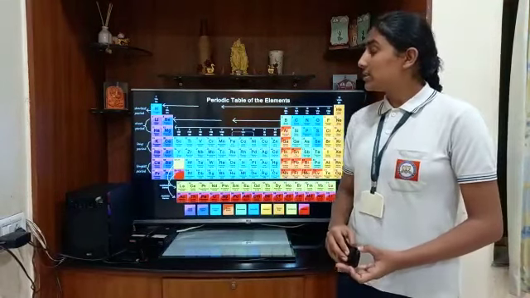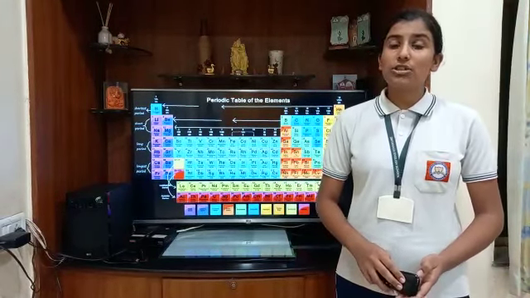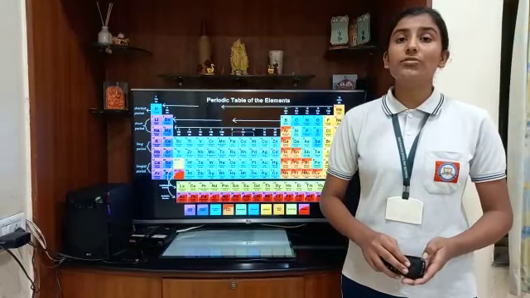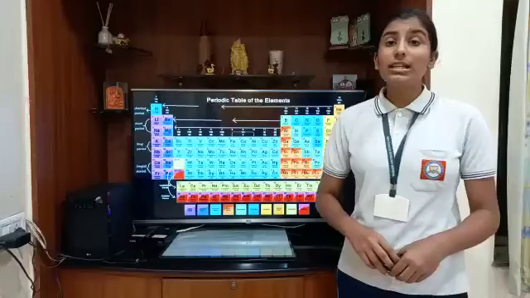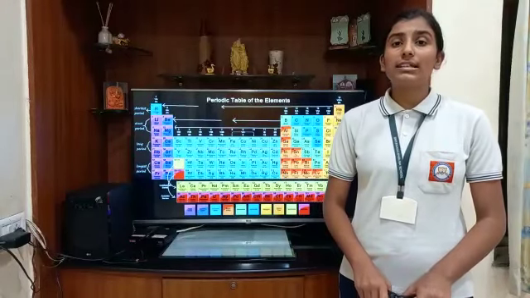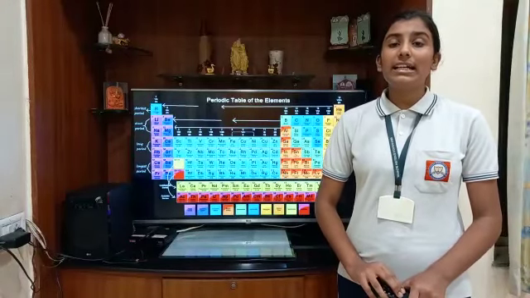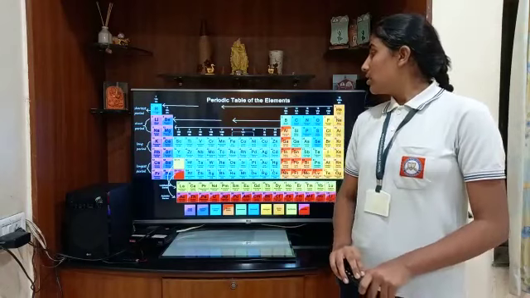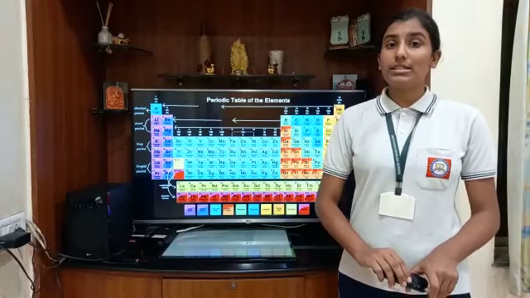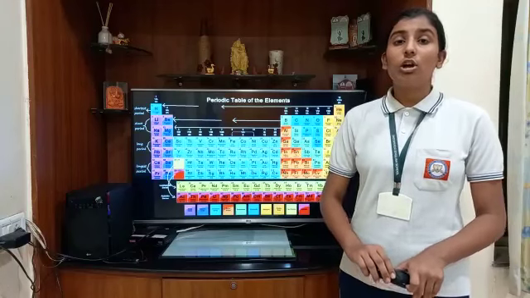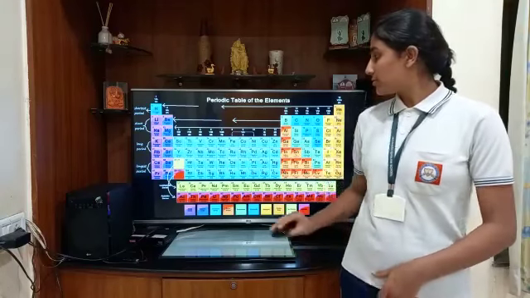The second and the third period are called the short periods. They consist of 8 elements each. The fourth and the fifth period are called the long periods and have 18 elements each. The sixth and the seventh period have 32 elements each and are called the longest periods.